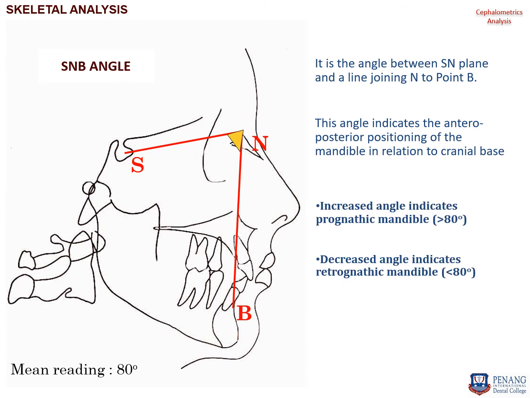This angle can be increased, or beyond 80 degrees, and can give you an indication of a prognathic mandible. If it is below 80 degrees, it can indicate a retrognathic mandible.